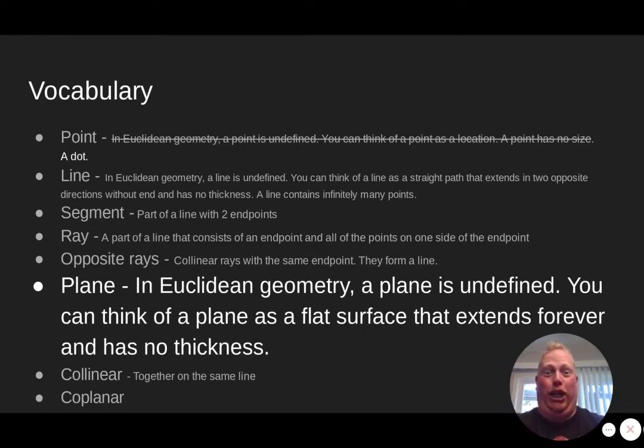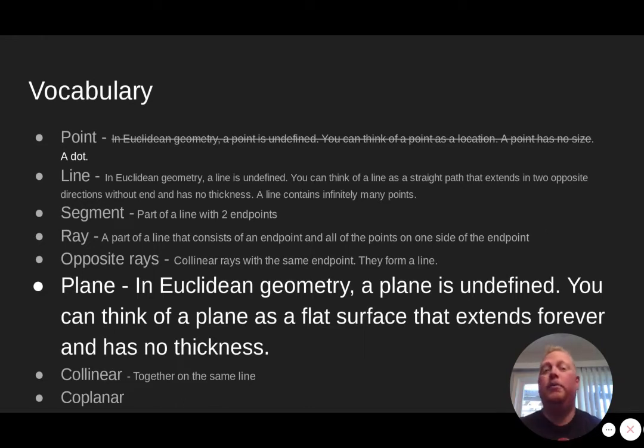In Euclidean geometry, a plane is undefined. Fantastic. You can think of a plane as a flat surface that extends forever and has no thickness. So we see planes all the time in real life. A desk, a table, the ceiling, the floor, walls, those are all examples of planes, just flat surfaces.